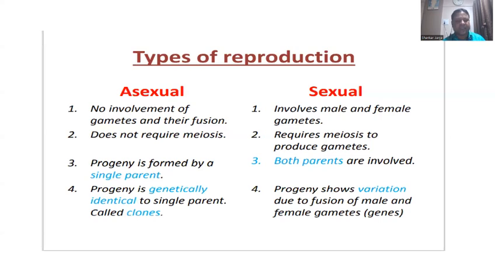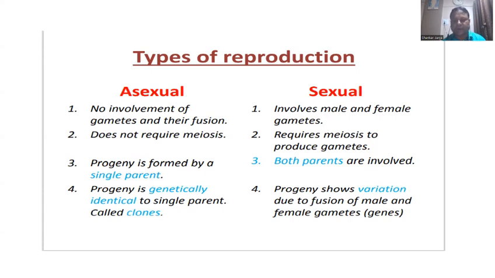In asexual reproduction, progeny, offsprings, or young ones are genetically identical to the single parent, and we call them clones. Morphologically and genetically, they are similar to their parents. But in sexual reproduction, progeny shows variation due to fusion of male and female gametes, especially during gamete formation in the pachytene stage of meiosis.